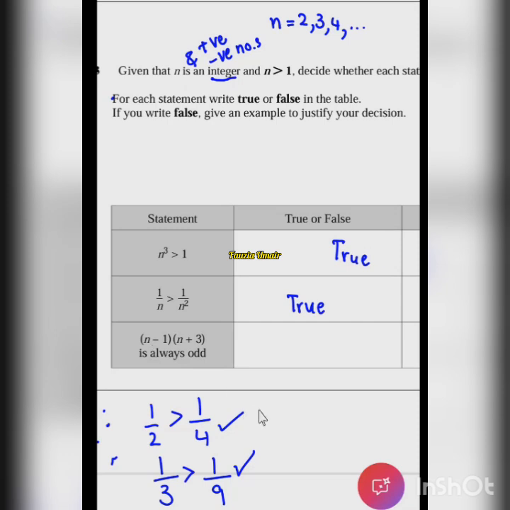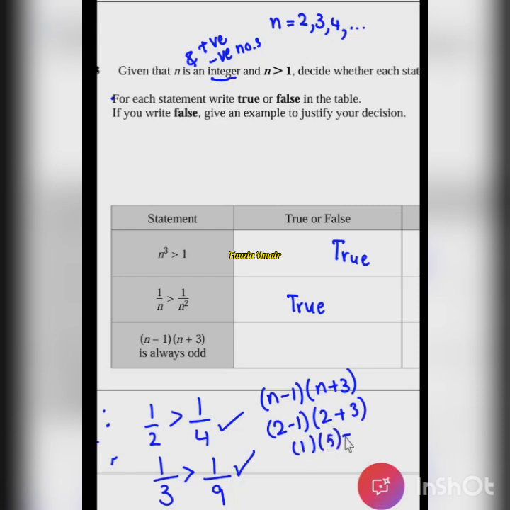So first, let me put n as 2, because 2 is the smallest value. It will be 2 minus 1 and 2 plus 3. So this is 1 and this is 5.